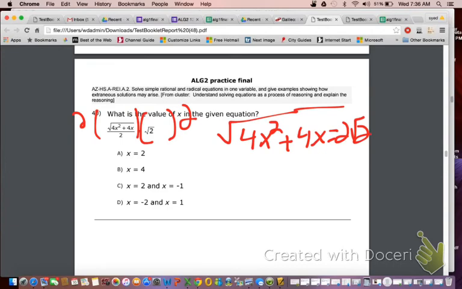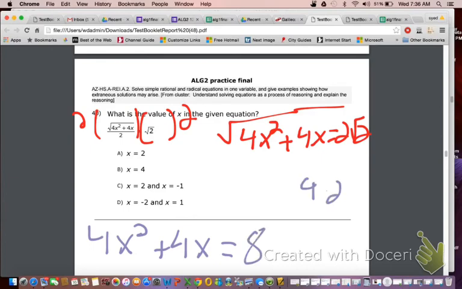And I'm going to get this. So 2 times 2 is 4. So I get 4 times 2 is 8. Right? Subtract 8 from both sides, I get 4x squared plus 4x minus 8 is 0.